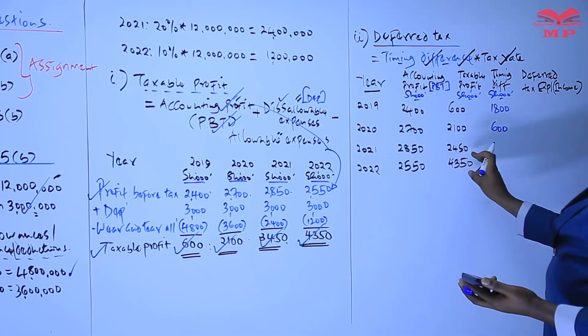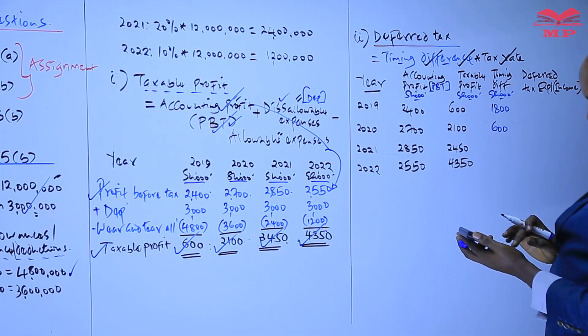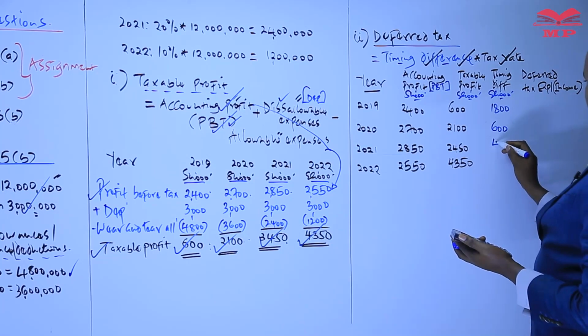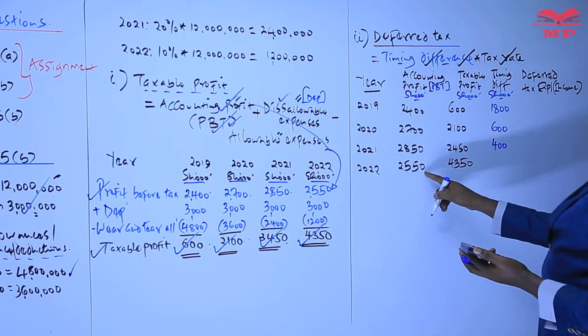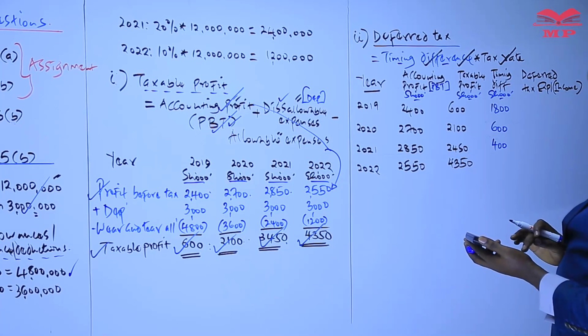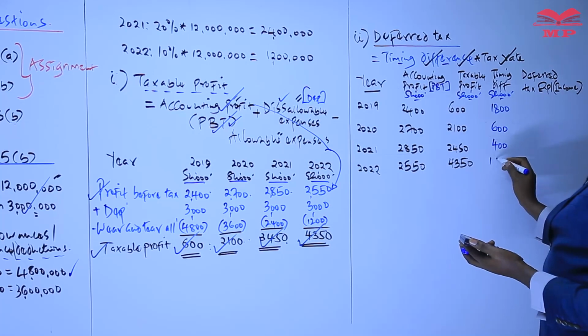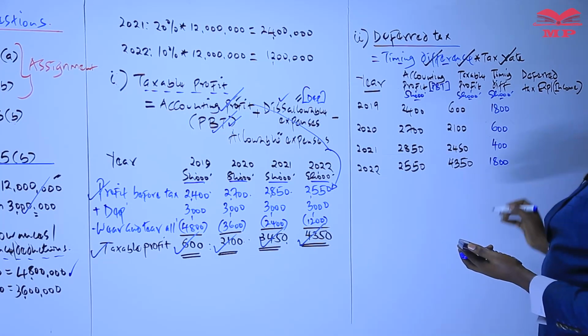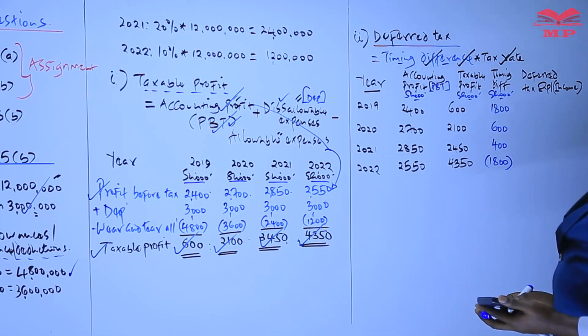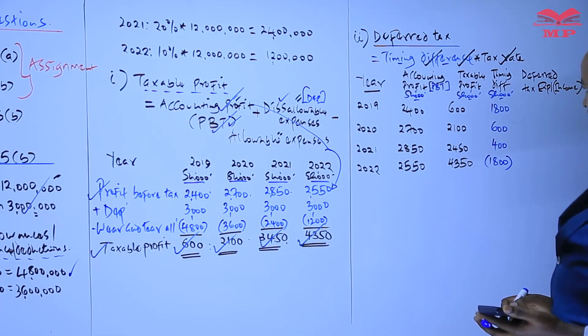And then we have this minus that, 2850 minus 2450, which is 400. And then this minus that, which is 2550 minus 4350, which will give us 1800. But this 1800 you can see is a negative.